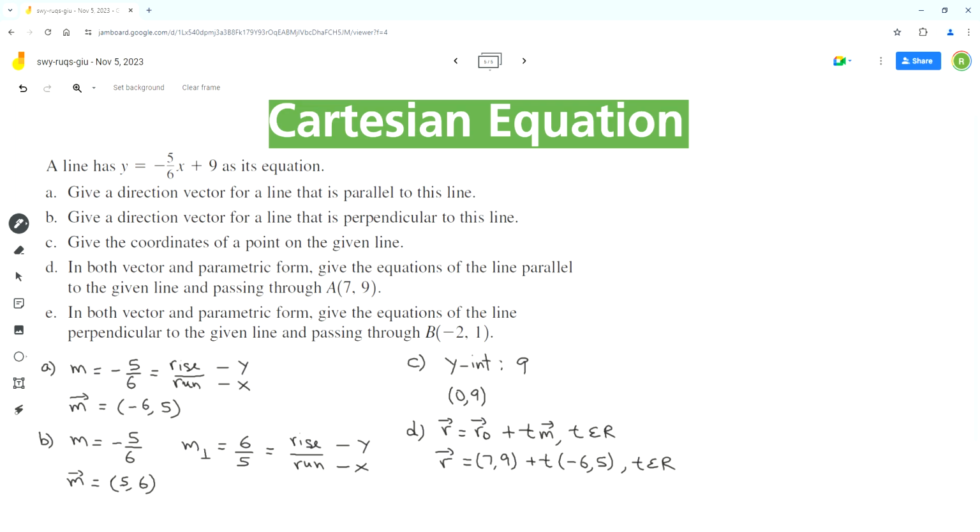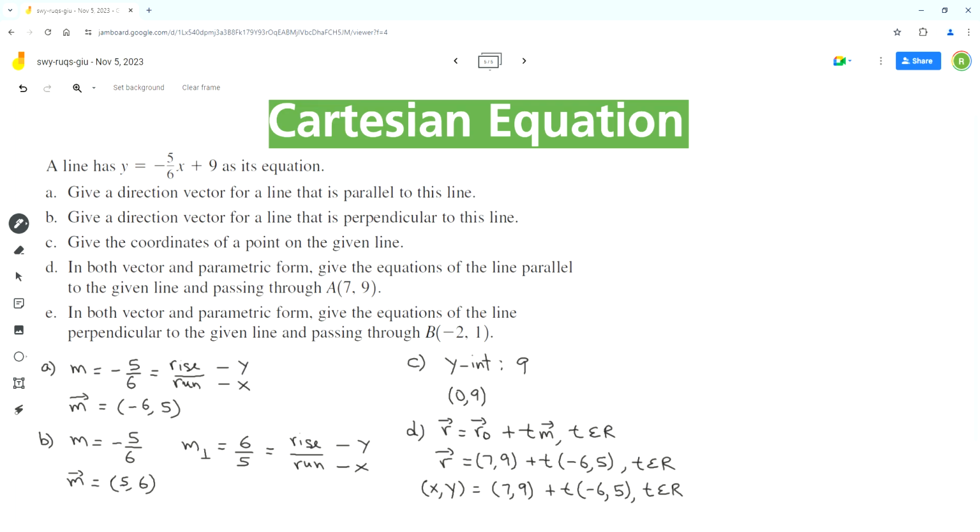So for that, let's assume the position vector r represents the unknown point x, y on the line. Now we can break up this equation into the parametric equations.